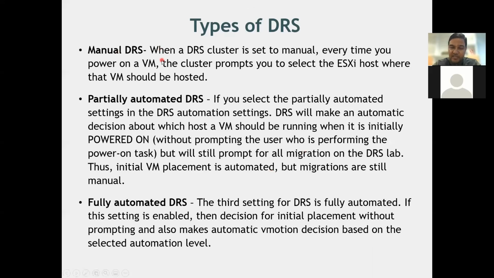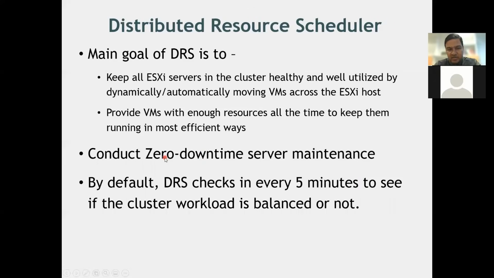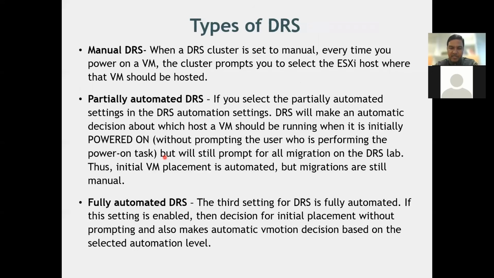For manual DRS, everything has to be done manually. For the partial one, the load balancing will be done manually. You can understand why these two types are mostly not used. When we say fully automated, all three properties, VM placement, load balancing and power management, are done by the fully automated DRS.